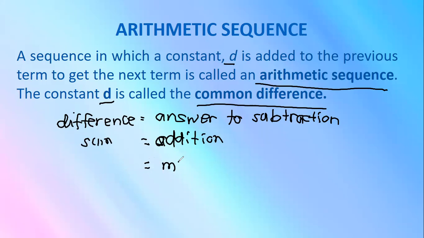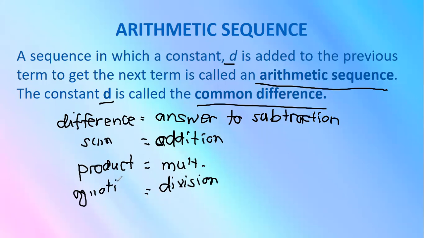So pag multiplication, product. And pag quotient or pag division, so ang tawag doon is quotient. Okay, so malinaw ba?